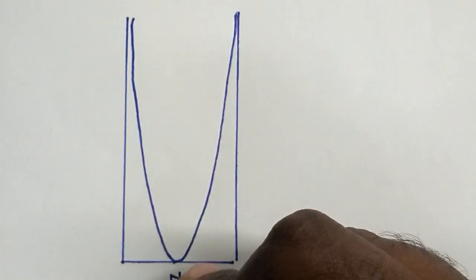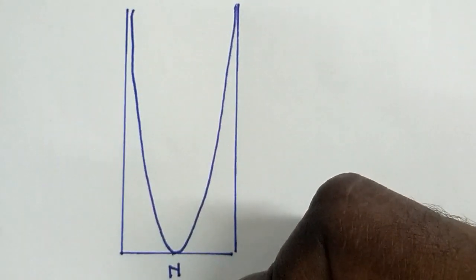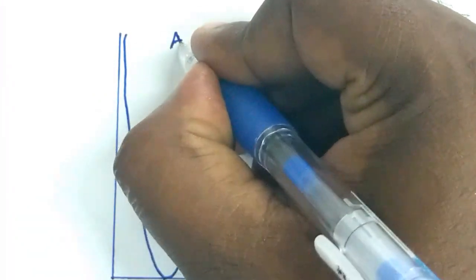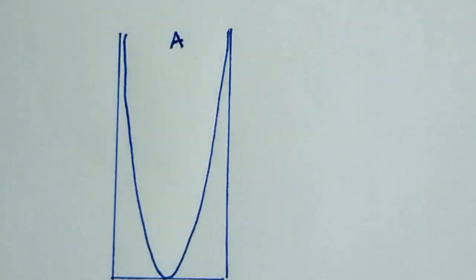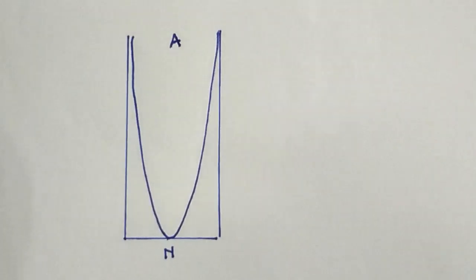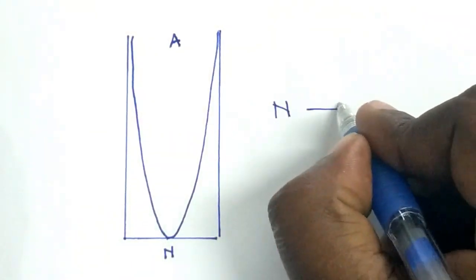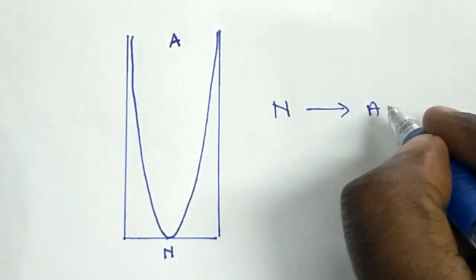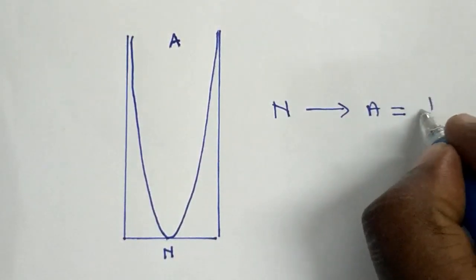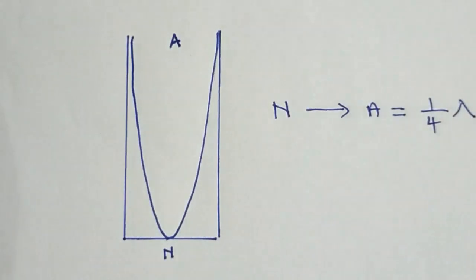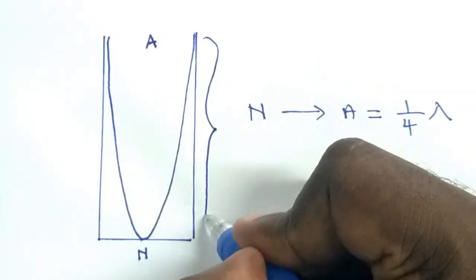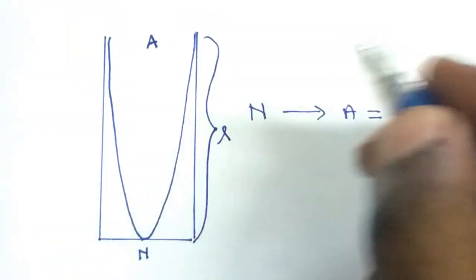This is a node, with no displacement at all, and this is an antinode, forming maximum displacement. So from node to antinode equals a quarter wavelength, and the length of the tube itself is L.